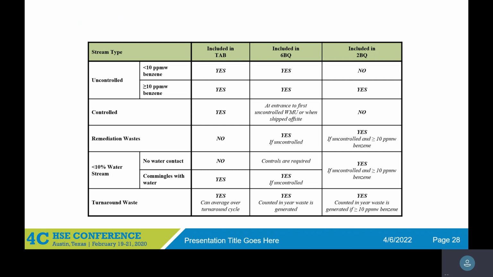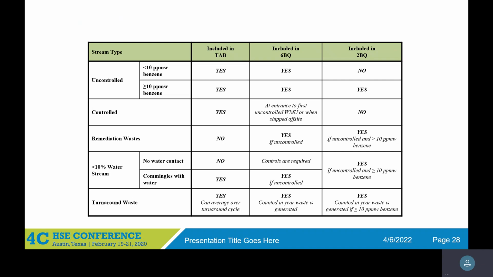And the 2BQ, basically, there's a portion of those wastes that don't get counted anywhere because they're really low benzene concentration, and so they don't belong there. So 2BQ is uncontrolled greater than 10 ppm. That's what belongs there. 6BQ is uncontrolled, total. That's why it's the favorite compliance option for the EPA, because they can say, did you go or did you not go over that?